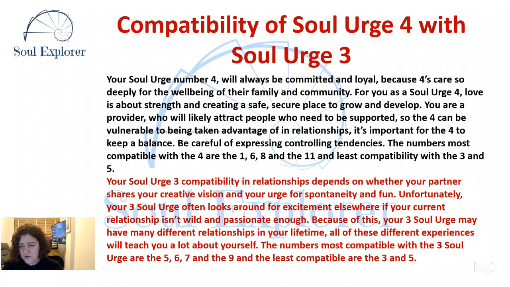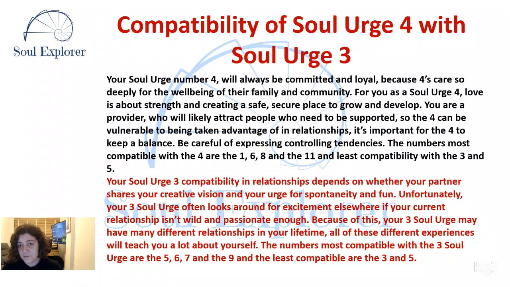So the numbers most compatible with the 3 soul urge are the 5, the 6, the 7, and the 9. Most people don't really consider the 4 and the 3 as compatible numbers, because normally the numbers next to each other are very different from each other. And I would agree. However, like I said with all of them, understanding each other is key.